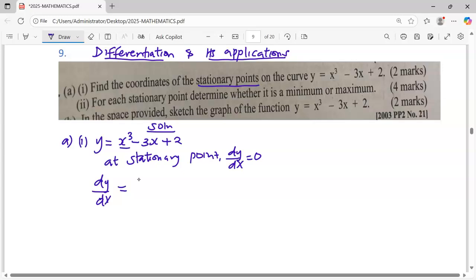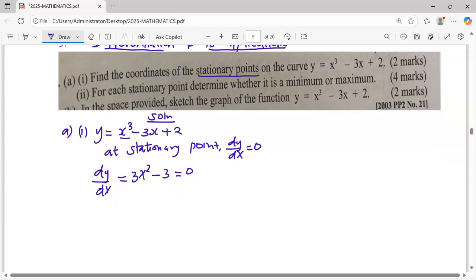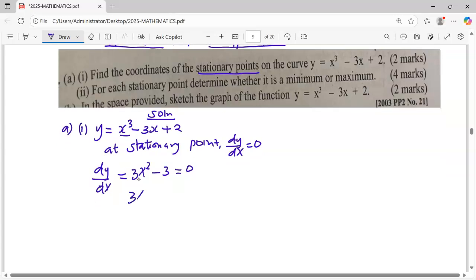For x cubed, we bring down 3 so that we have 3x, then we less 1 from the power, we remain with 2. Then minus 3x, you differentiate it, we are going to have 3. And this is equated to 0. That means 3x squared will be equal to positive 3 if we move minus 3 to the other side, meaning you divide both sides by 3. x squared is equal to 1.